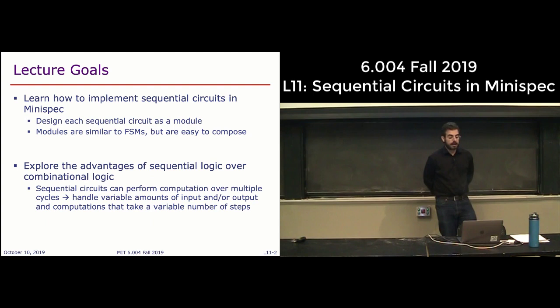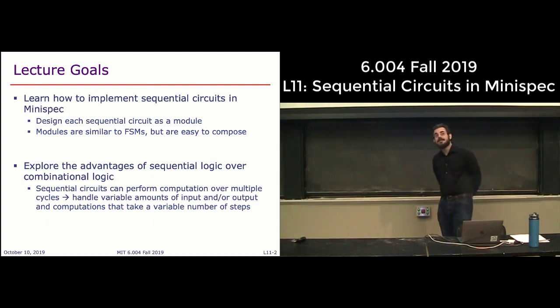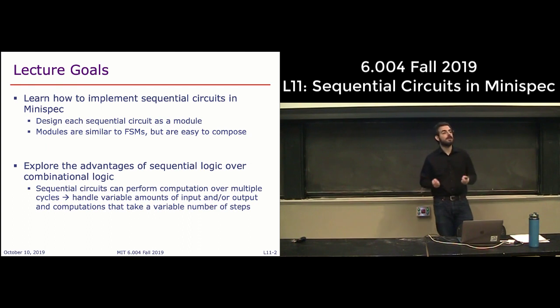Then in the second part of the lecture, we'll explore some of the advantages that sequential logic gives us over combinational logic. Essentially, this boils down to the fact that we can compute some output or some values over multiple cycles instead of just in one shot like we do with combinational logic, right? With combinational logic, we get some inputs, we produce some outputs after a certain amount of time, but that's it. And those inputs must be fixed, and those outputs must be fixed.